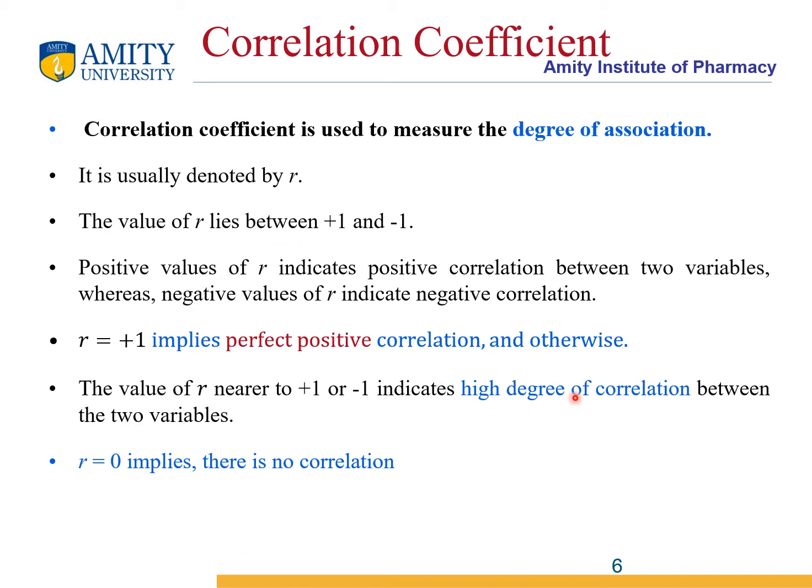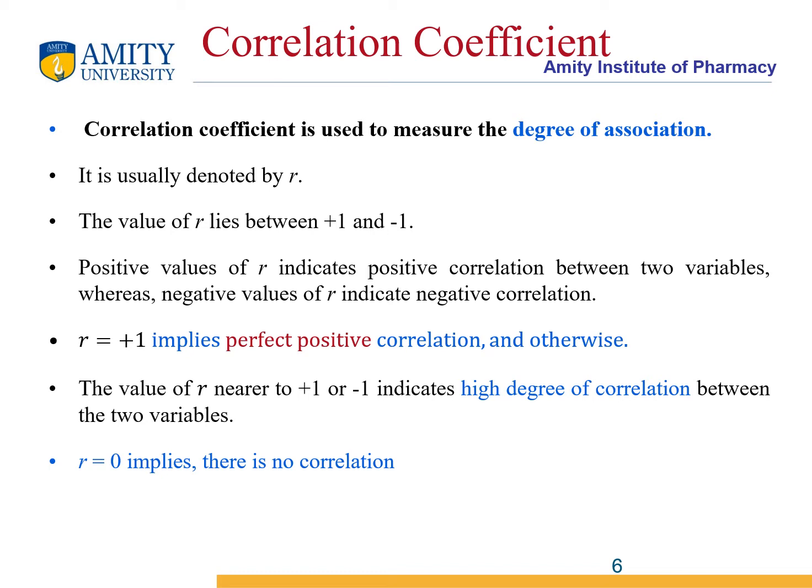Here they have mentioned the same points. Positive values of R indicate positive correlation between two variables, whereas negative values of R indicate negative correlation. R equal to +1 implies perfect positive correlation. An R value near +1 or -1 indicates a high degree of correlation between the two variables.